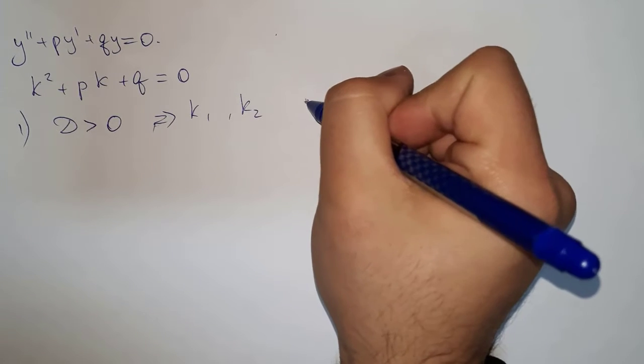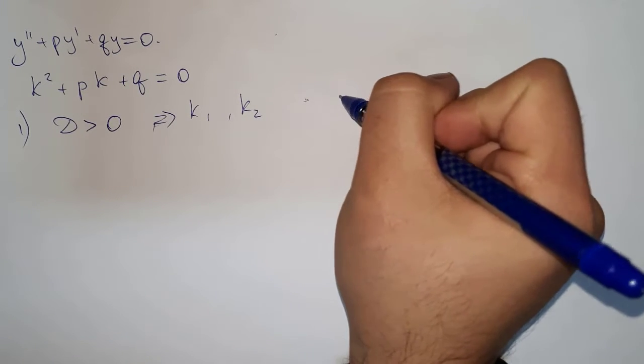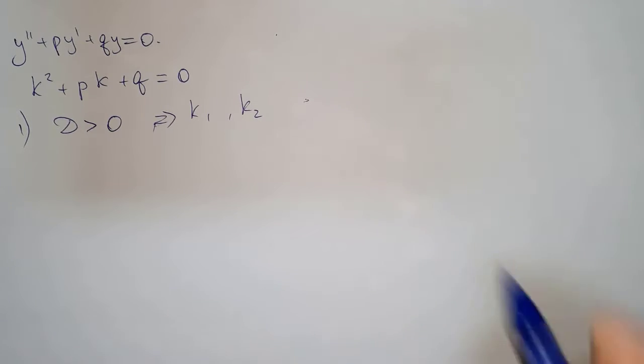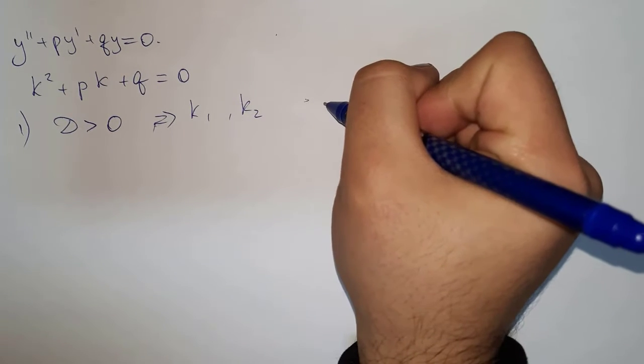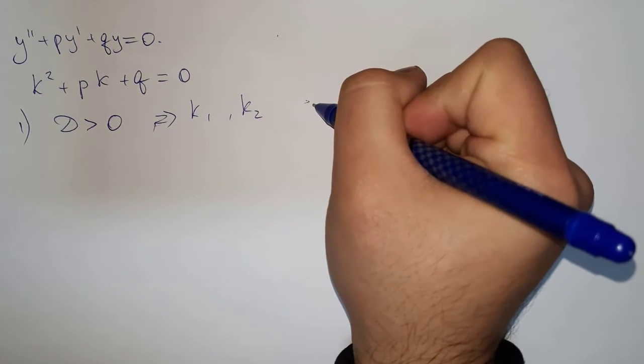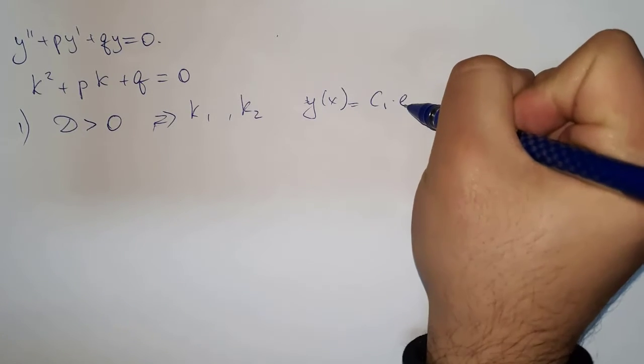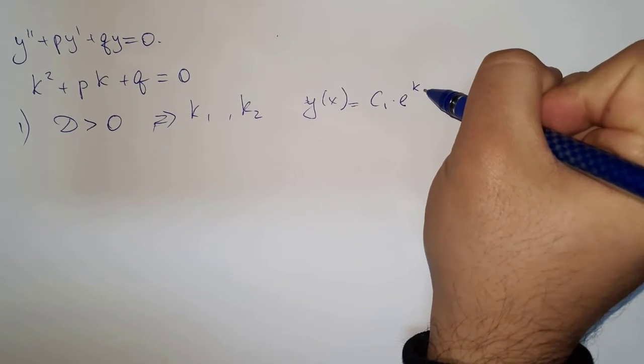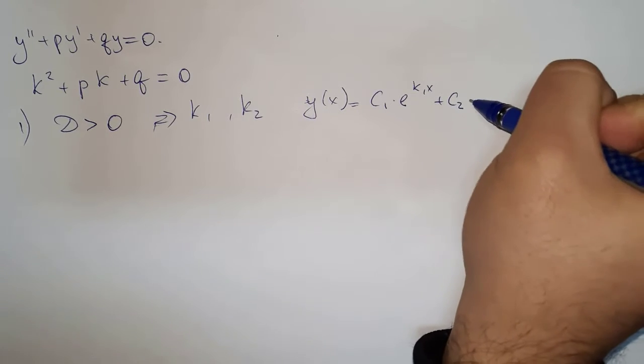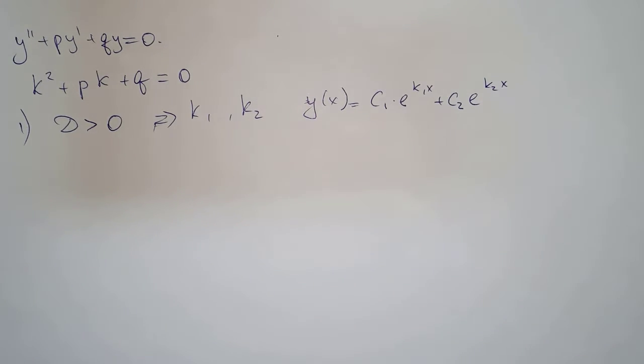So in this case, the general solution of our equation is y of x is c1 times e to the power of k1x plus c2 e to the power of k2x, where c1 and c2 are any arbitrary real numbers.